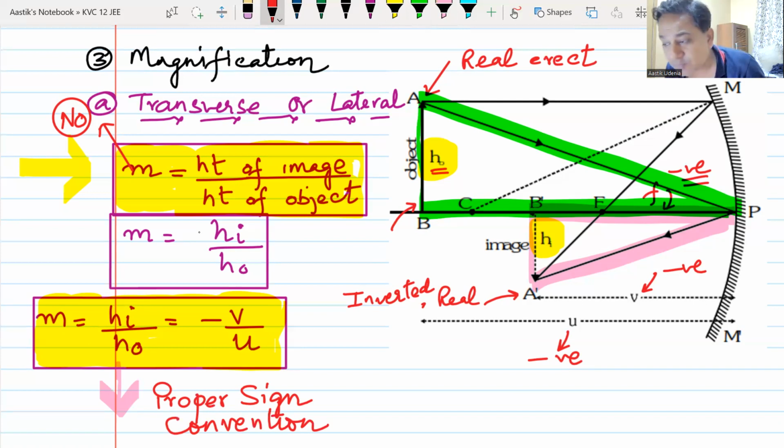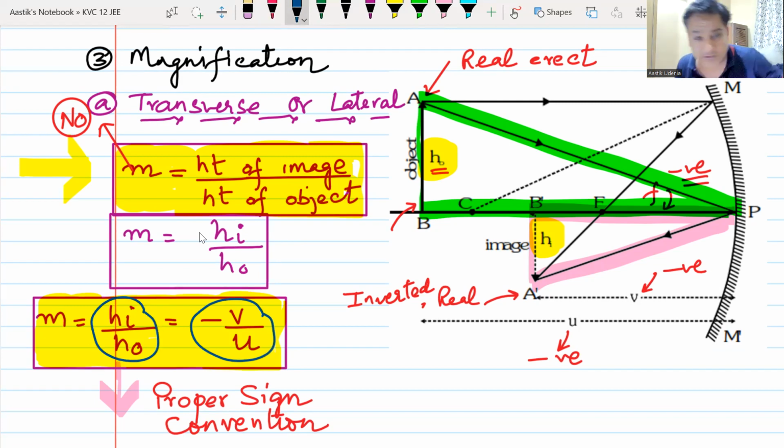This is the original formula, given in terms of V and U, or in terms of HI and HO. You can convert it using the mirror formula, finding the value of V by U, and convert this formula from V by U to F and V, and F and U.